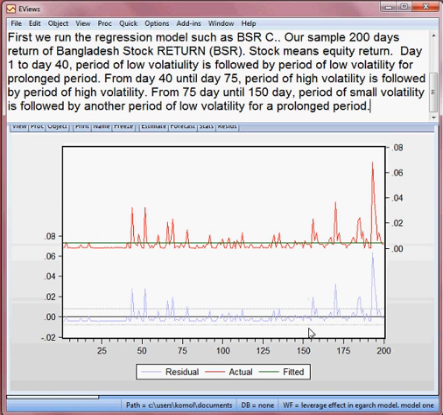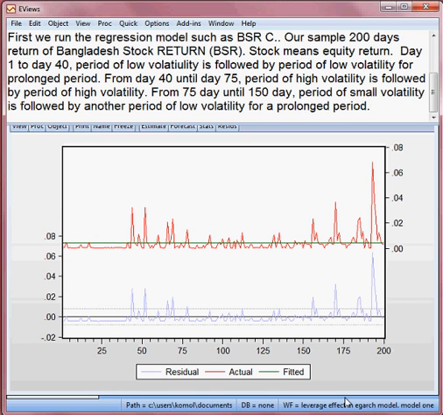And again, from day 150 to 200, the period of high volatility has been followed by a period of high volatility.